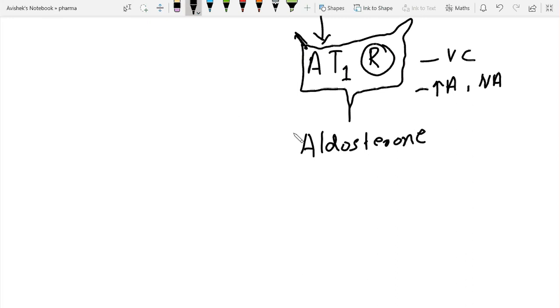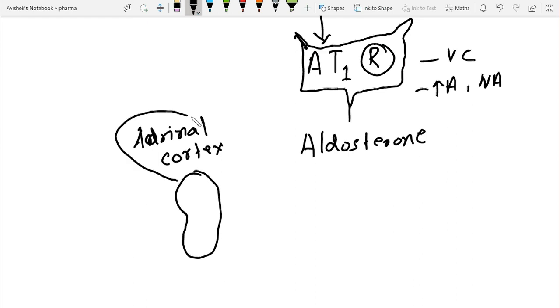Aldosterone will be released from where? Adrenal cortex. This is the kidney and this is the adrenal cortex. From the adrenal cortex, this aldosterone will be released. This aldosterone will cause left ventricular hypertrophy, leading to death.